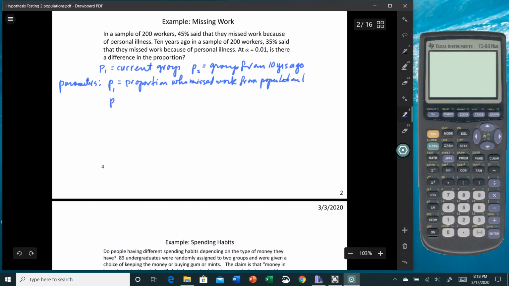And P2 is the proportion who missed work from population 2.